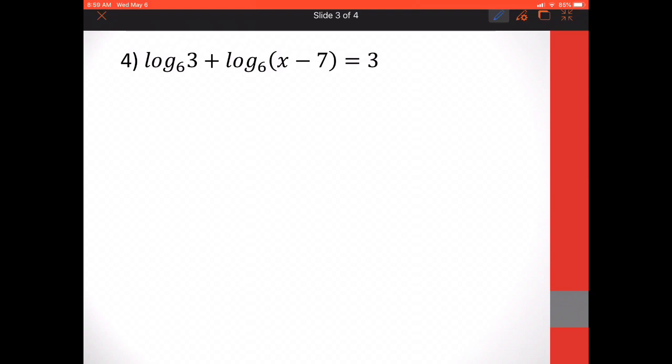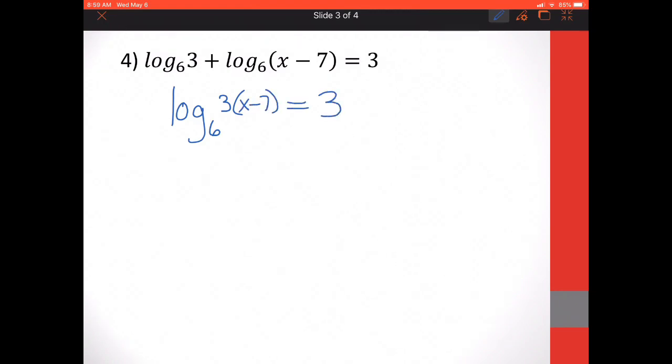All right, in this example, again, we have more than one log, so we have to condense it into one. This time they're being added, so when we write them as a single log with base 6, we are going to multiply them.